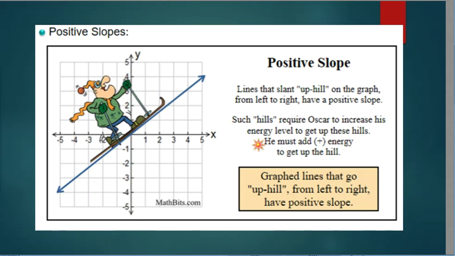He must add energy to get up the hill. Graph lines that go uphill from left to right have positive slope. So you can see this line right here is going up from left to right. So any lines that go up from left to right, we would say those have a positive slope.